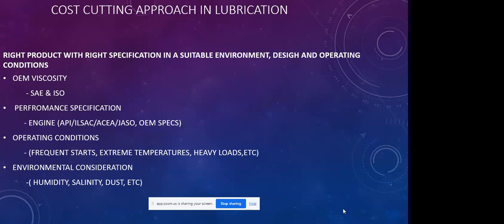So in here, I've highlighted the need to look at the specification, the viscosity, and the performance ratings. Then the operating condition also of the equipment. Then environmental consideration. As you move my machine from one environment to the other, the lubrication has to be looked at again.